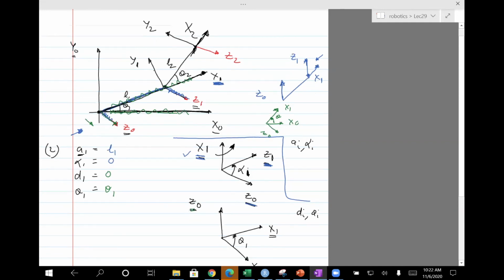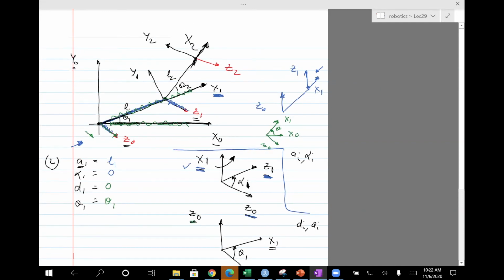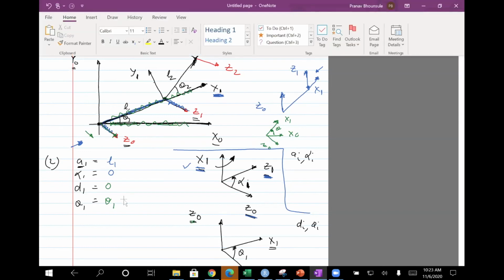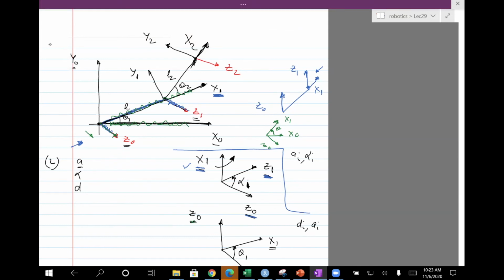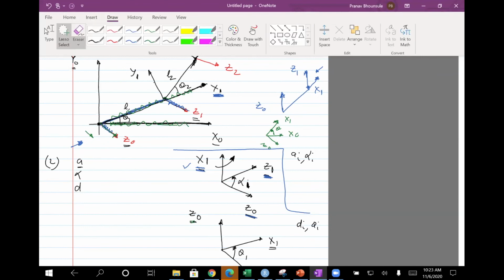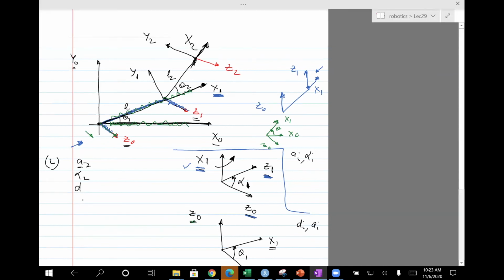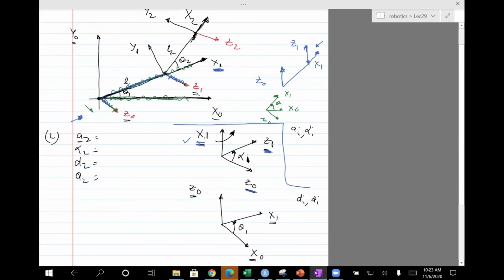Okay, so let's now change this from 1 to 2. We don't know this yet. So this is 2, 2, 2, and theta 2. And then we'll replace this with 2, 2, 2, and 2.